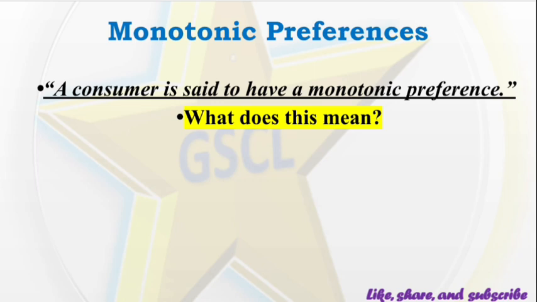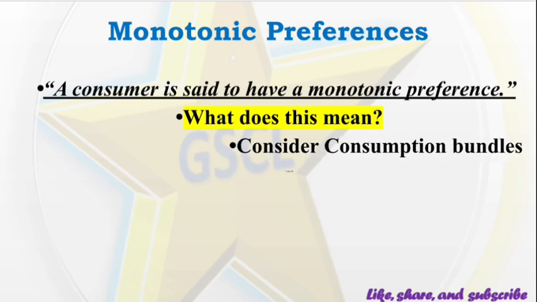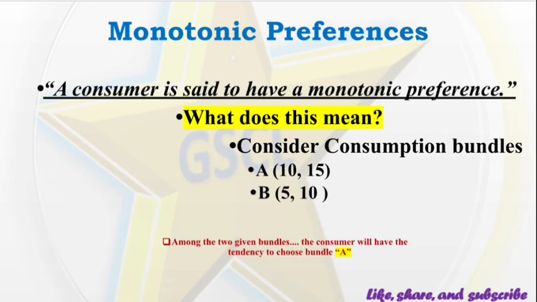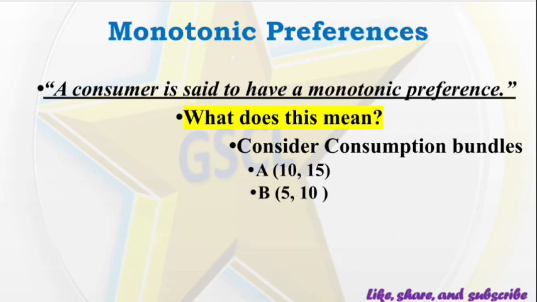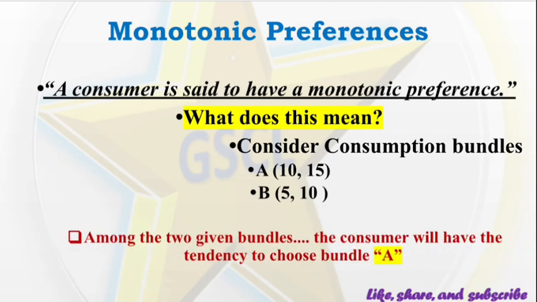If there exist two bundles, bundle A and bundle B of different commodities, the consumer is more likely to choose bundle A because comparatively it has more stuff, hence the satisfaction level is more in terms of bundle A. Among the two given bundles, the consumer will have the tendency to choose bundle A. This tendency is called monotonic preference.